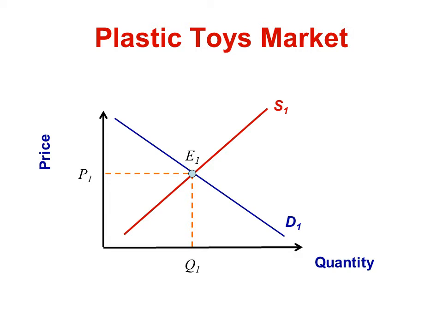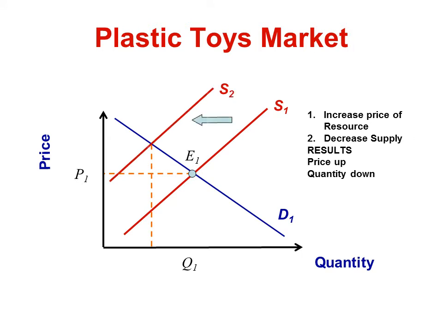And then all of the participants in the market have to deal with this new event. An increase in the price of a resource will affect supply. It will decrease supply. Any increase in the price of a factor of production or economic input. A leftward shift in supply will ultimately decrease equilibrium quantity and increase equilibrium price.